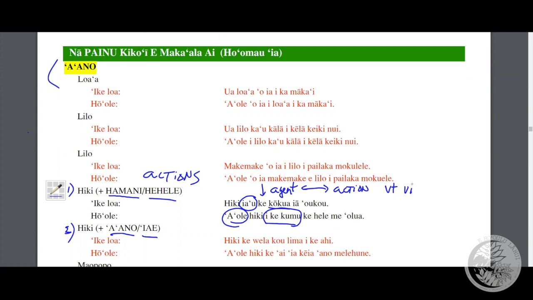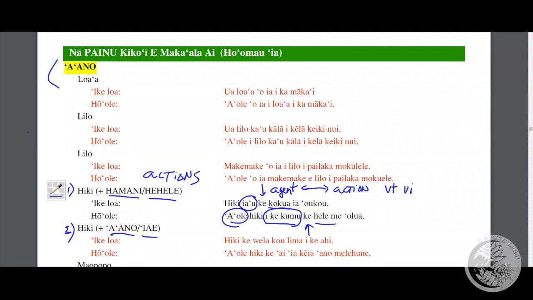But these are actions. And in the second one, you notice also the same ke preceding the action, which is to go. So the second one, a'ole hiki ke kumu, it's not possible to the teacher. It's not a capability to the teacher to do what? To go. In English, of course, I don't say it's not possible to me to go, but in English I would say I don't go, or I cannot go more specifically. I don't have the ability to go.